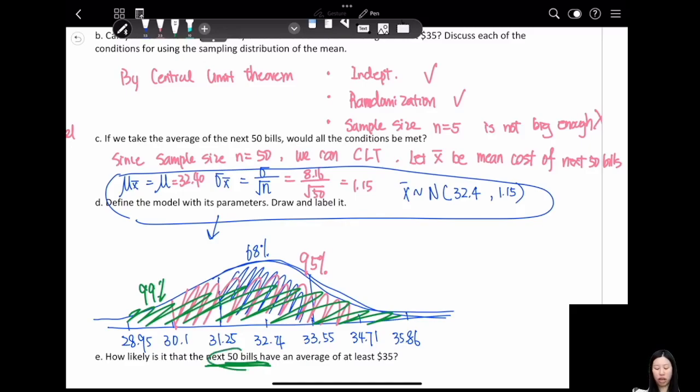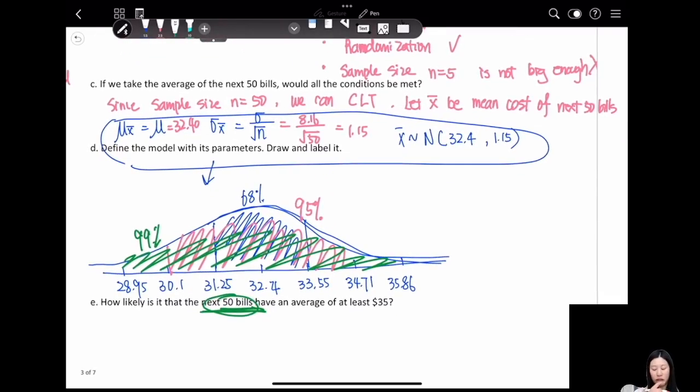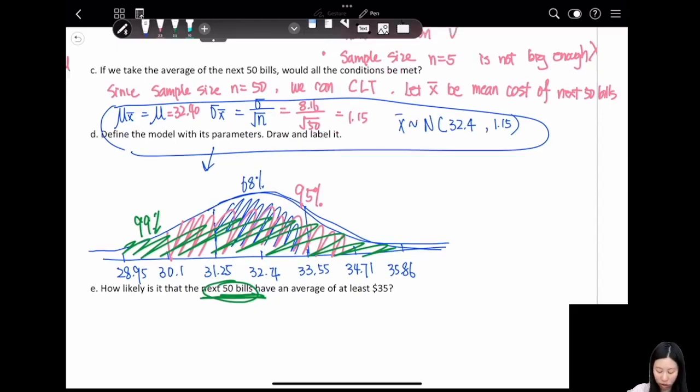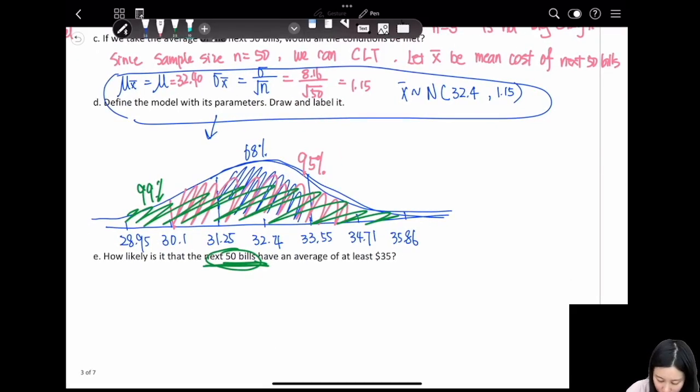So we let X bar be the variable for the average of the next 50 bills.